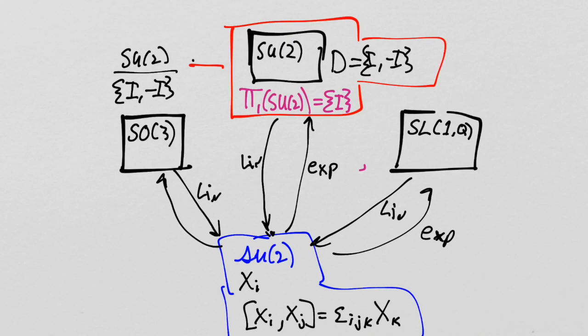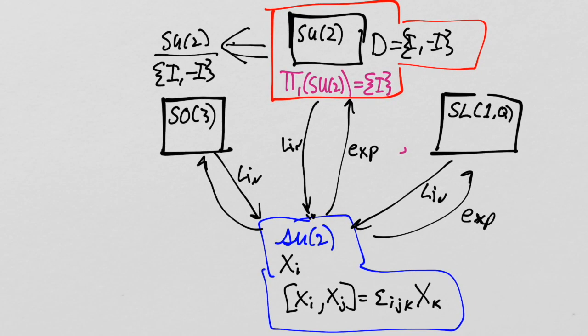And the factor group of SU2 by its discrete invariant subgroup has got to be the only other group that shares the same Lie algebra.